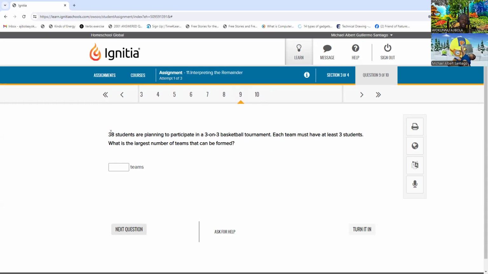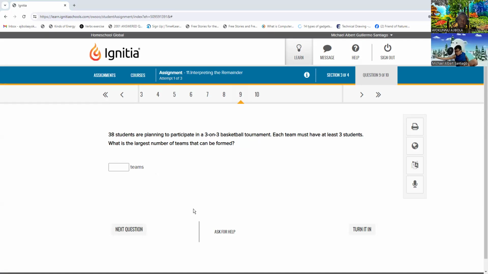So how many 3s can you see in 38? I thought 4. No, how many 3s in 38? It's 1 three.